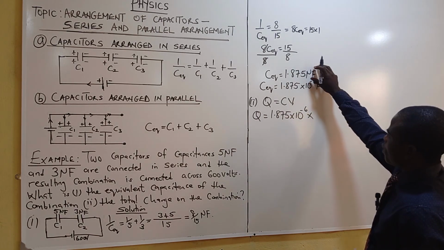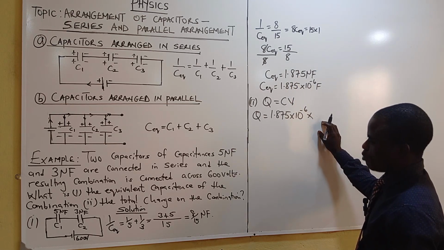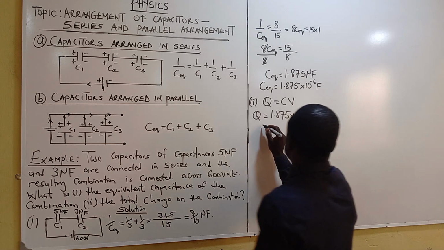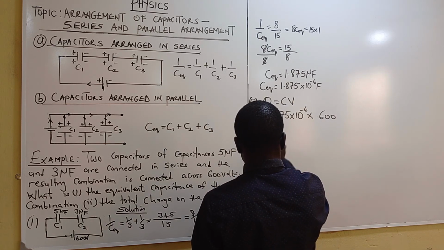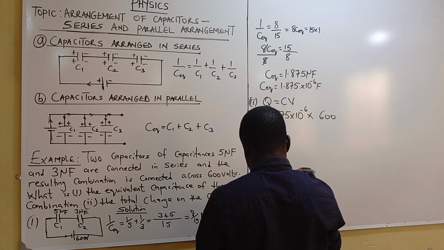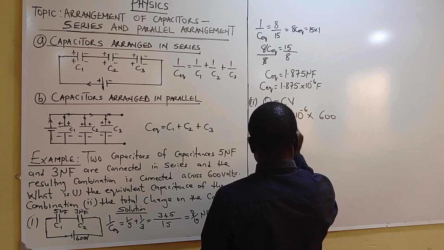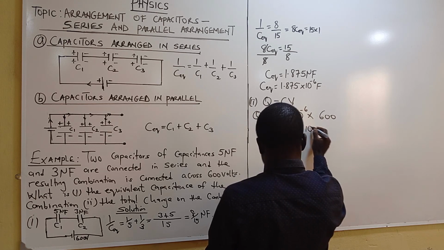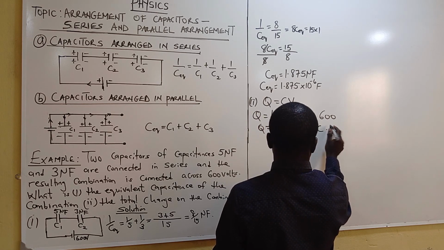You don't just use micro; you have to open it up and multiply by 600. Q, the charge, when you press the calculator, you have 1.125 times 10 to the power minus 3 coulomb.